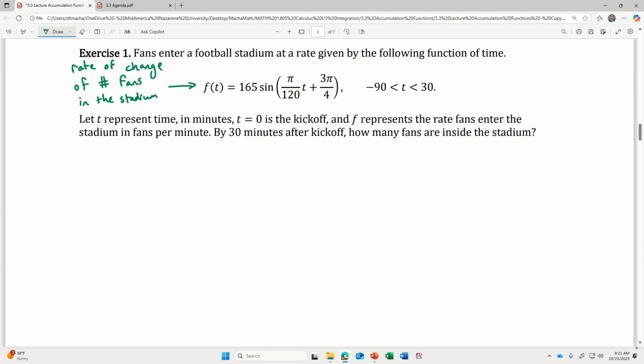Let t represent time in minutes. T equals 0 is the kickoff, and F represents the rate fans enter the stadium in fans per minute. By 30 minutes after the kickoff, how many fans are inside the stadium? So the stadium is accumulating fans. How do I set up this problem?